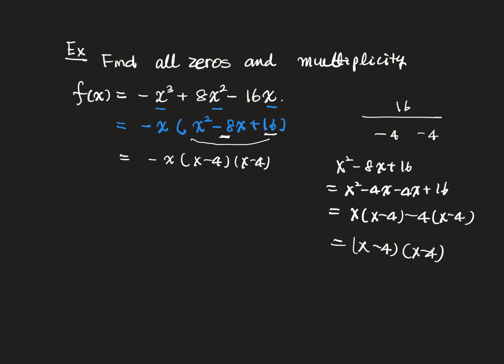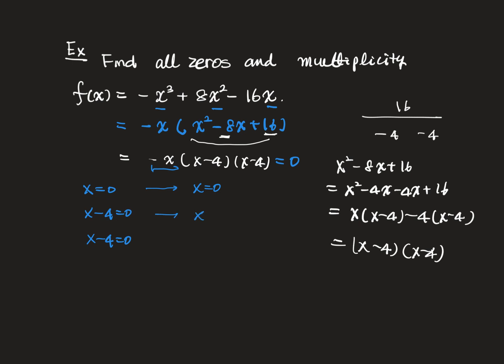That's your factoring. Now you want to find the zeros, right? The first part is a zero, and this one is a zero too, so you don't worry about the sign. x equals 0, x minus 4 equals 0, x minus 4 equals 0. So x equals 0, and x equals 4, x equals 4.